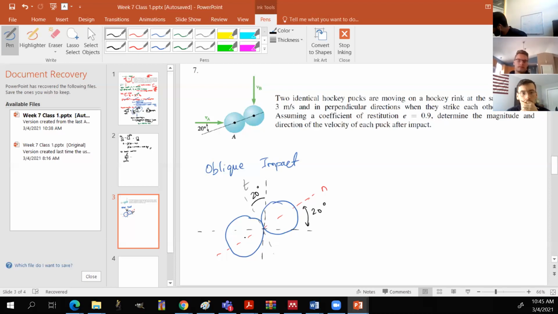Then we're told, if I look at the centers of these guys, I have my initial MVA like that, and then perpendicular to it, I have MVB like that, right? And this is before impact.